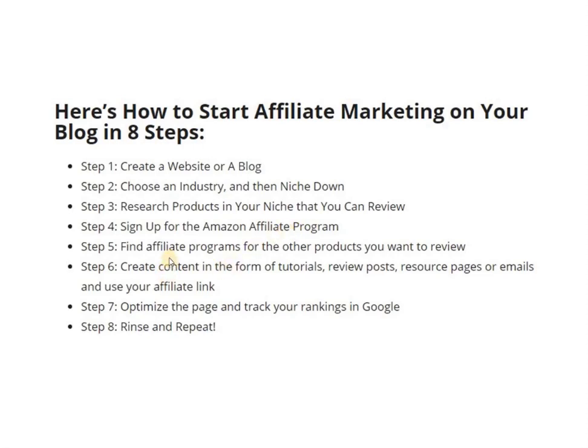Find affiliate programs for the other products you want to review, and create content in the form of tutorials, review posts, resource pages, or emails, and use your affiliate link. Optimize the page and track your rankings in Google, and the last step is rinse and repeat.